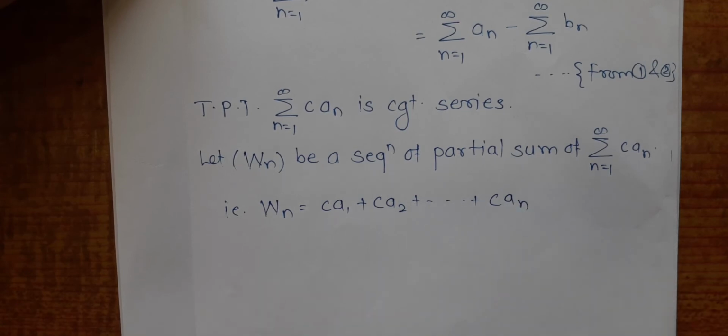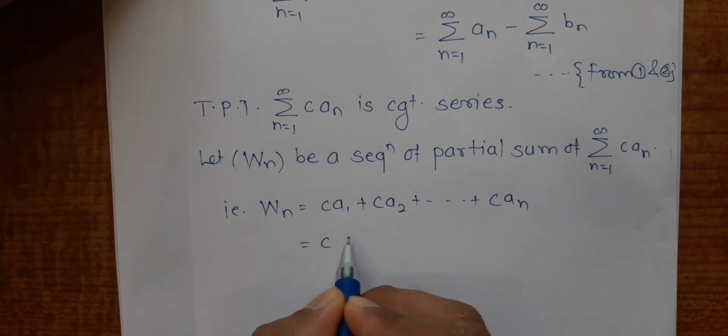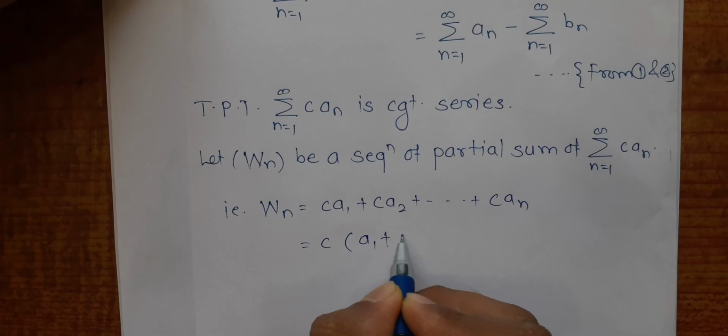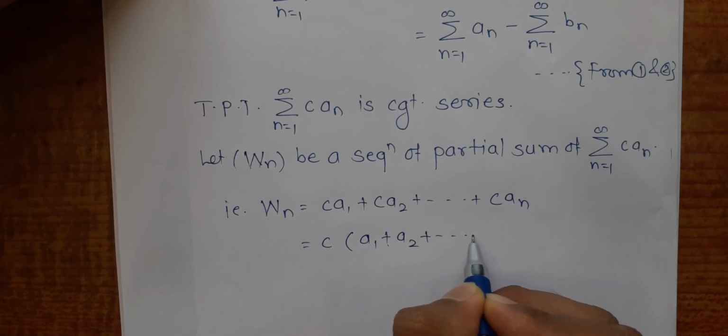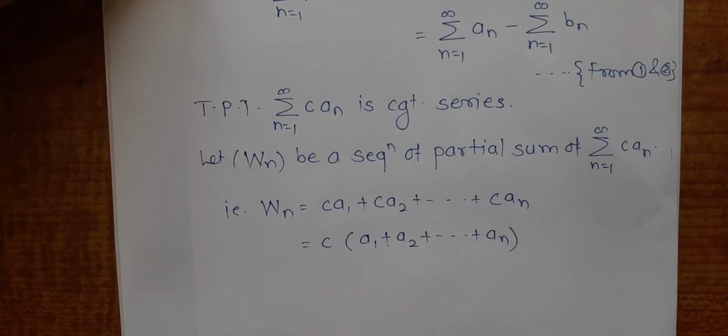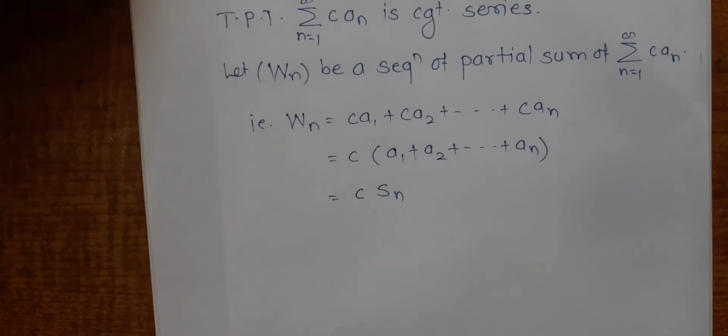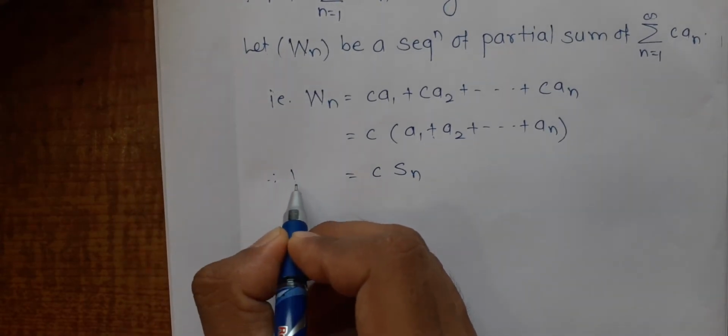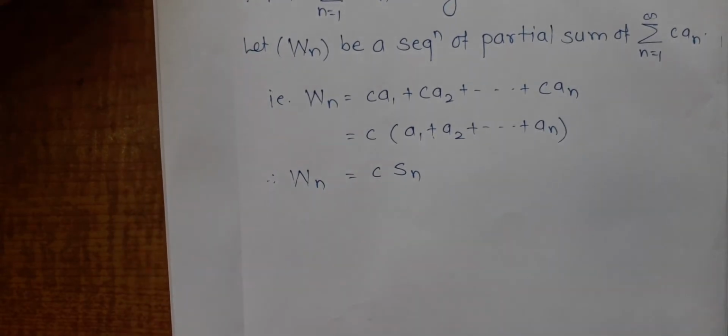Tell me, can I take c common? Yes, obviously I can take c common. Then a1 plus a2 plus and so on a_n we will have, which is nothing but S_n, as we have already called it. Therefore W_n is equal to c·S_n.